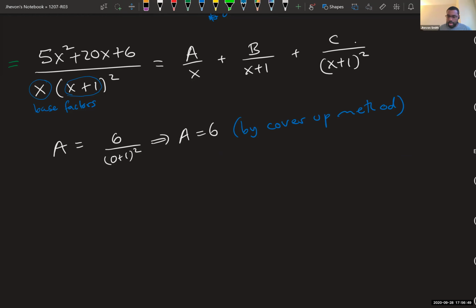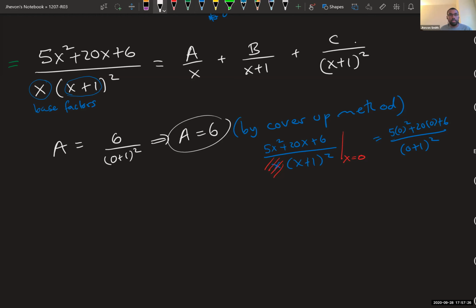So for the cover-up method, we look at 5x squared plus 20x plus 6 over x times x plus 1 squared. We take our finger, cover up the x, and plug in what would make that 0, which is x equals 0. You would get 5 times 0 squared plus 20 times 0 plus 6 over 0 plus 1 squared. And hence we have that answer. So A equals 6.